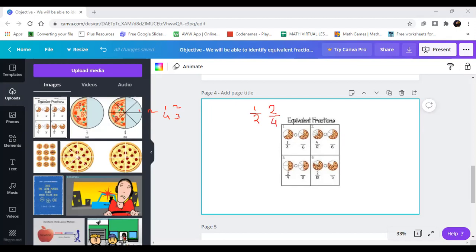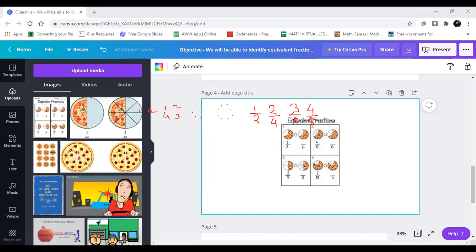Here total 1, 2, 3, 4, 5, 6. 6 part total, 3 parts colored, 3 by 6. And here total 1, 2, 3, 4, 5, 6, 7, 8. 8 parts and 4 parts colored, which means 4 by 8 or 4 upon 8.